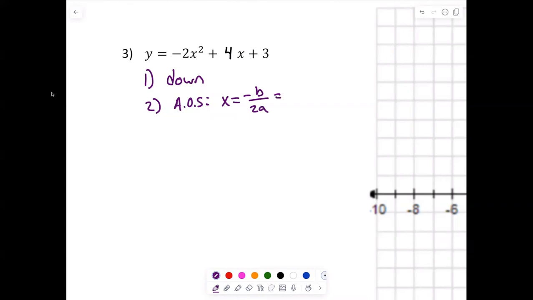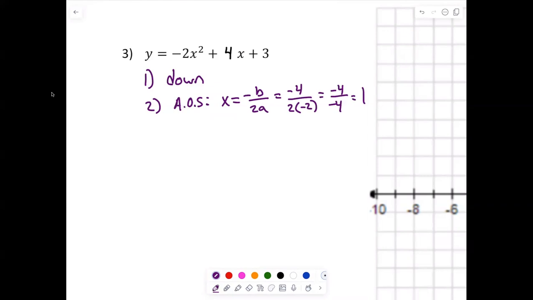So b is what? -4 over, what's a? Very good. So what's -4 divided by -4? 1.